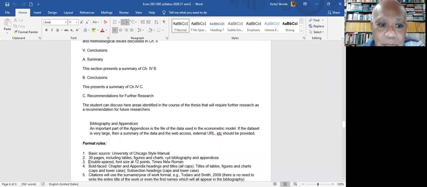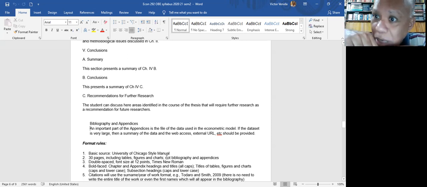Now, bibliography, please, you need this early when you make your bibliography. Try and follow the University of Chicago style manual. Okay. If you follow the University of Chicago style manual, you no longer put parentheses on years. There are no quotation marks on titles of articles and the like.